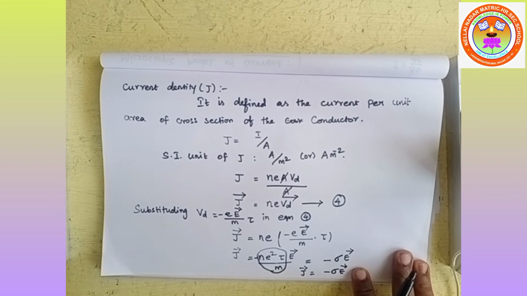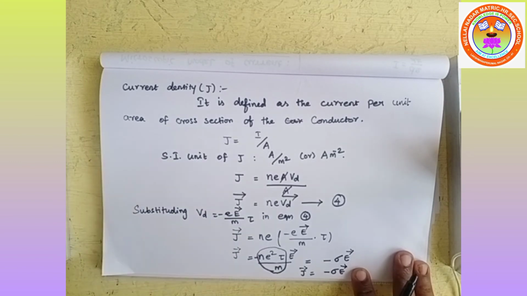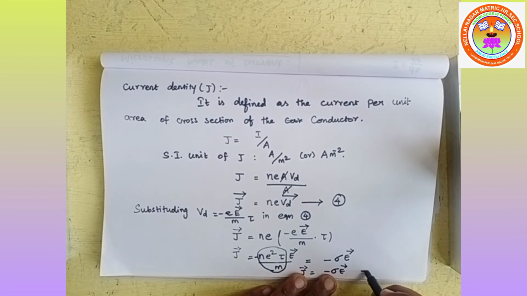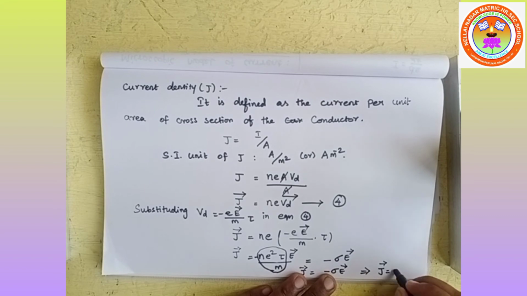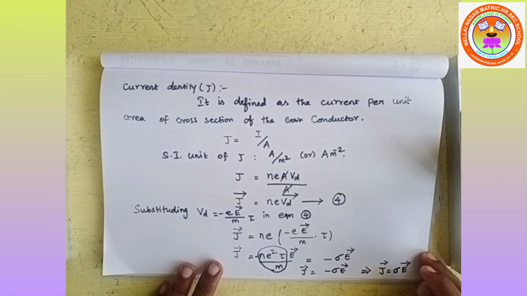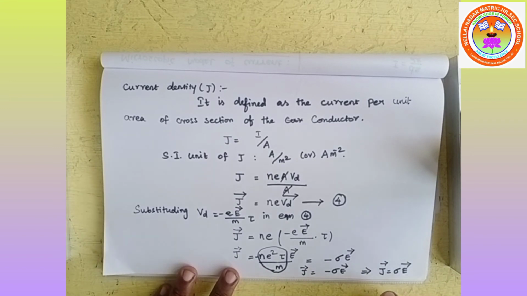But conventionally, we take the direction of conventional current density as the direction of the electric field. So the above equation becomes, okay students, J vector is equal to sigma E vector.